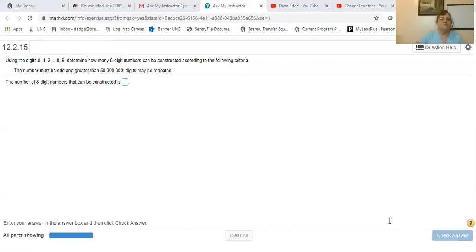The fundamental counting theorem says that if we're going to have 8 positions in the number, it's going to be an 8-digit number. We've got 1, 2, 3, 4, 5, 6, 7, 8.